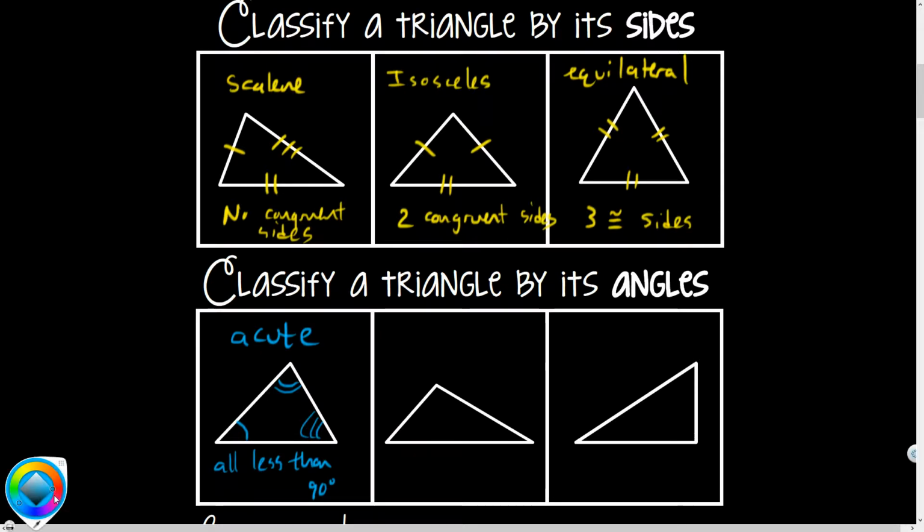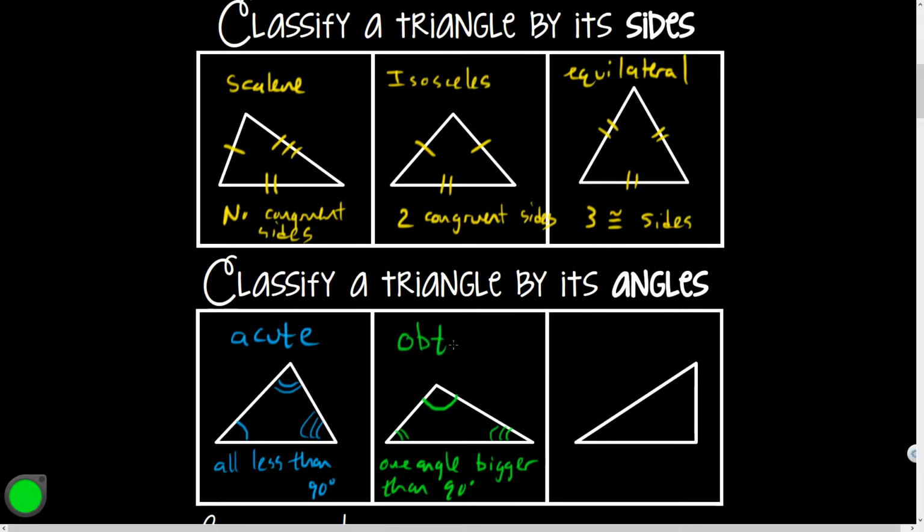Now, in this case, I've got a big angle and then 2 acute angles. So 1 angle bigger than 90. It's a different triangle. We're just coming up with names for these things. And you were right.